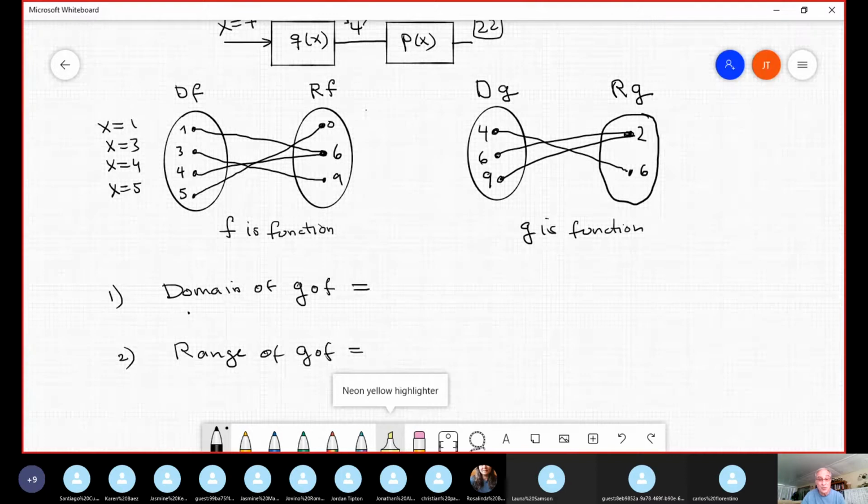But the order is important. F is the first function, the innermost.